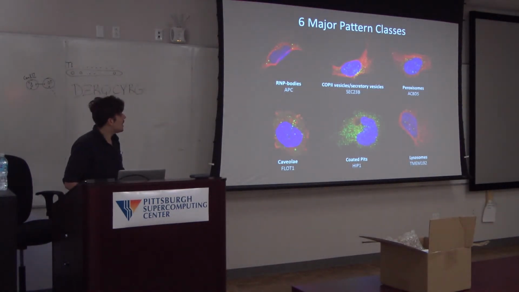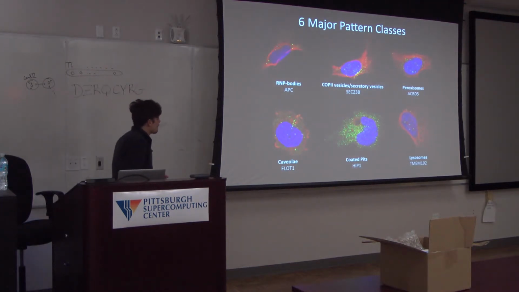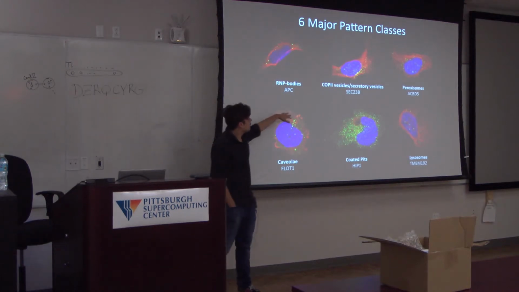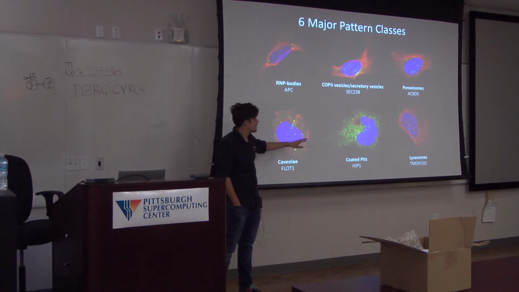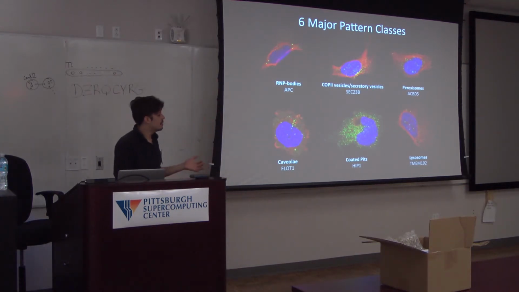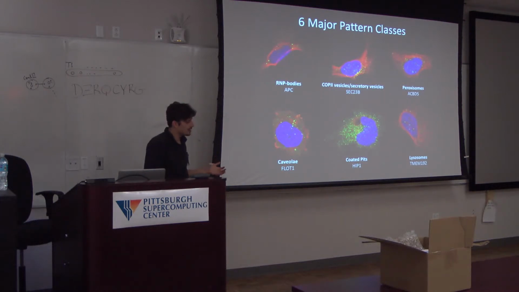So we identified a subset of punctate patterns: RNP bodies, COP2 vesicles, peroxisomes, caveolae, coated pits, and lysosomes. These are all labeled vesicular in the Human Protein Atlas, but they, of course, have different biochemical properties and localization patterns from just vesicles.